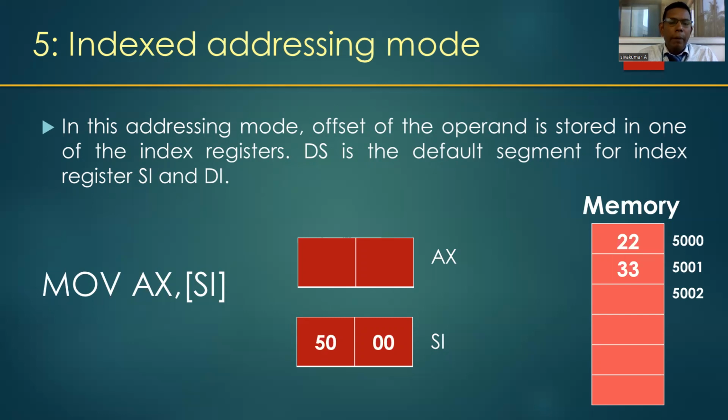So the data will be moved from the addresses 5000 and 5001 into AX. The 5000 is stored in the source index register. So when either SI or DI is used in the instruction, it is called indexed addressing mode.